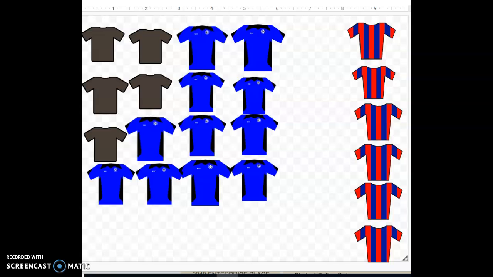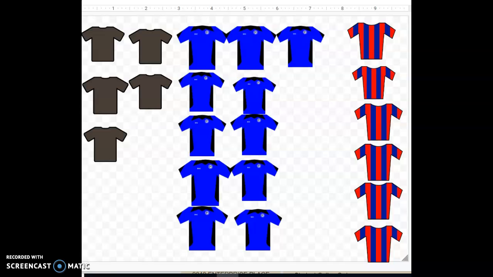Take just a minute and think about that. So if you found out that we had 6 people wearing stripes, we had 11 people who had either shirts with writing and or pictures on them, and we had 5 people wearing plain shirts.